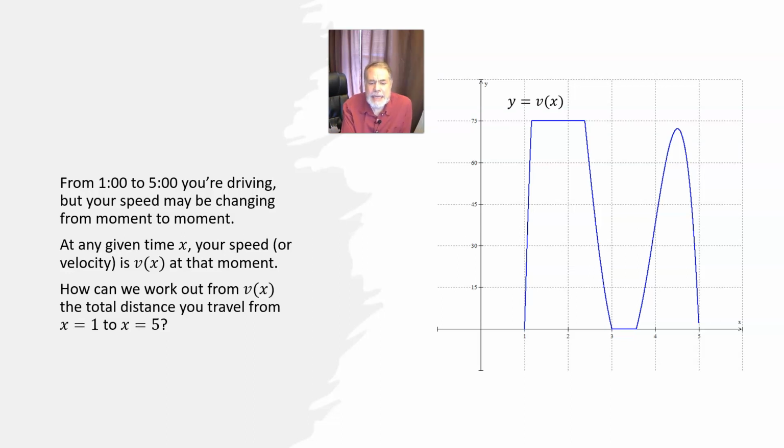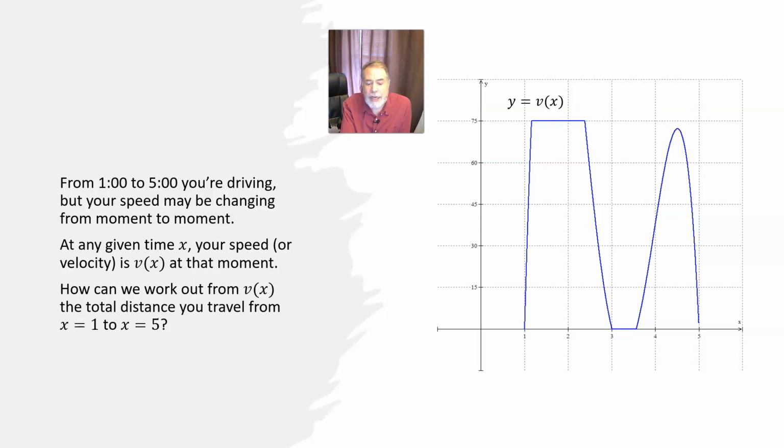Well, the idea is we could divide that whole time interval from 1 to 5 o'clock up into a whole bunch of very short time intervals of 1 second each, or 1 millisecond. And if we make them short enough, there isn't enough time for your speed to change during that 1 millisecond interval.